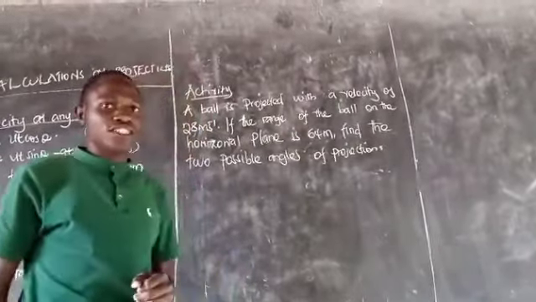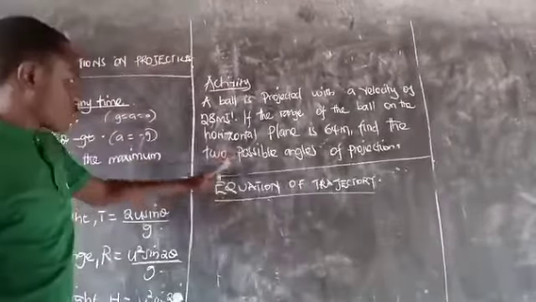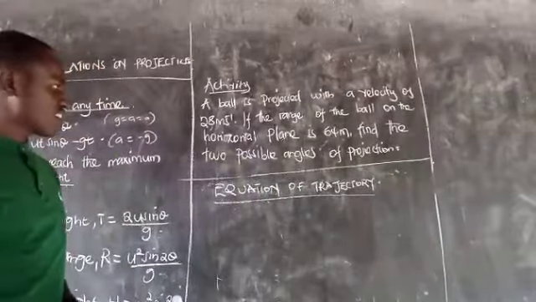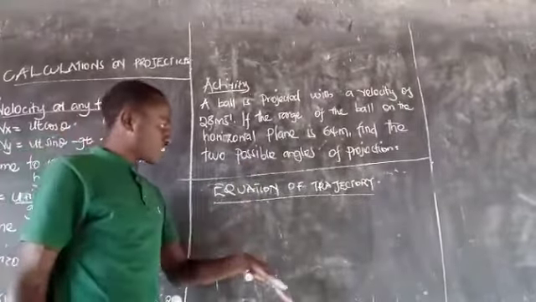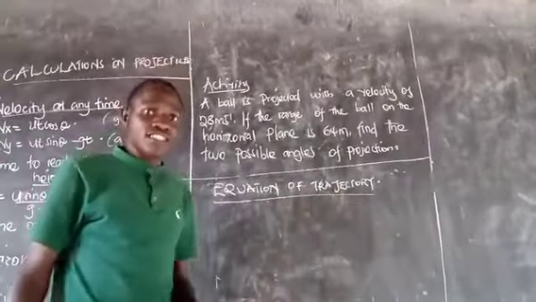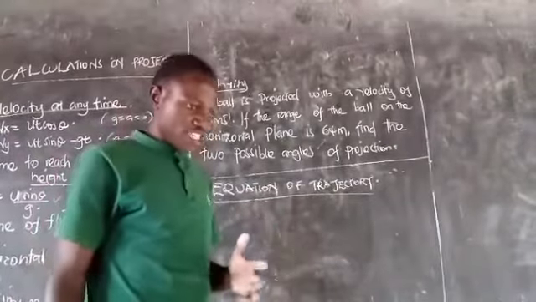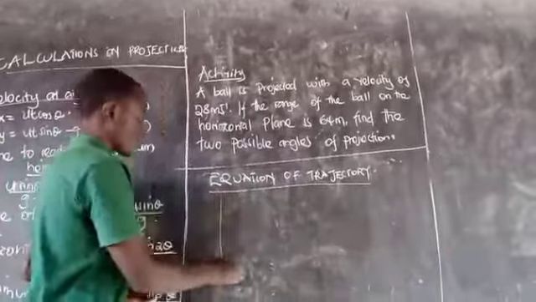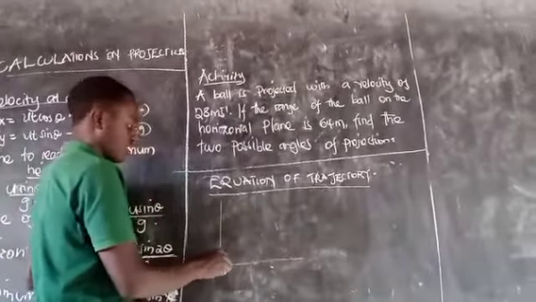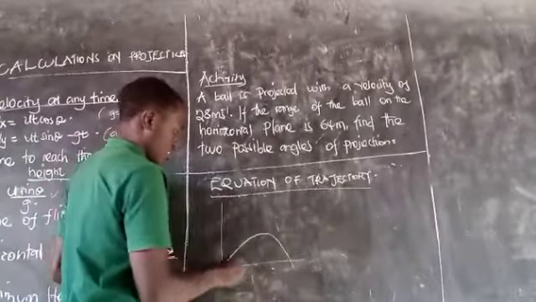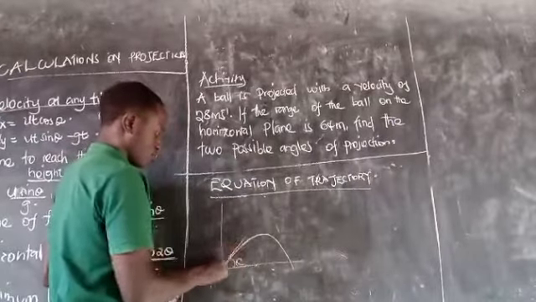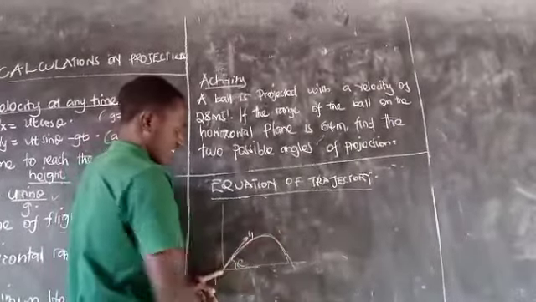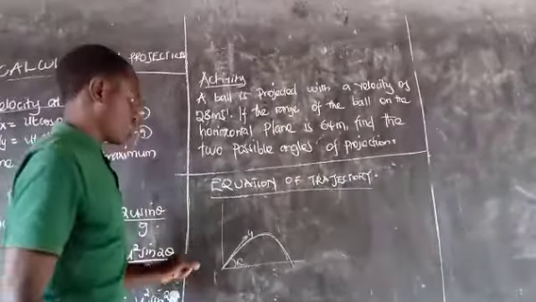The equation of trajectory. When they talk about trajectory, it simply means the path taken by a projected particle. If you have x-y axes, and you project the body at an angle theta with velocity u, the path that this body takes is what we call the trajectory.